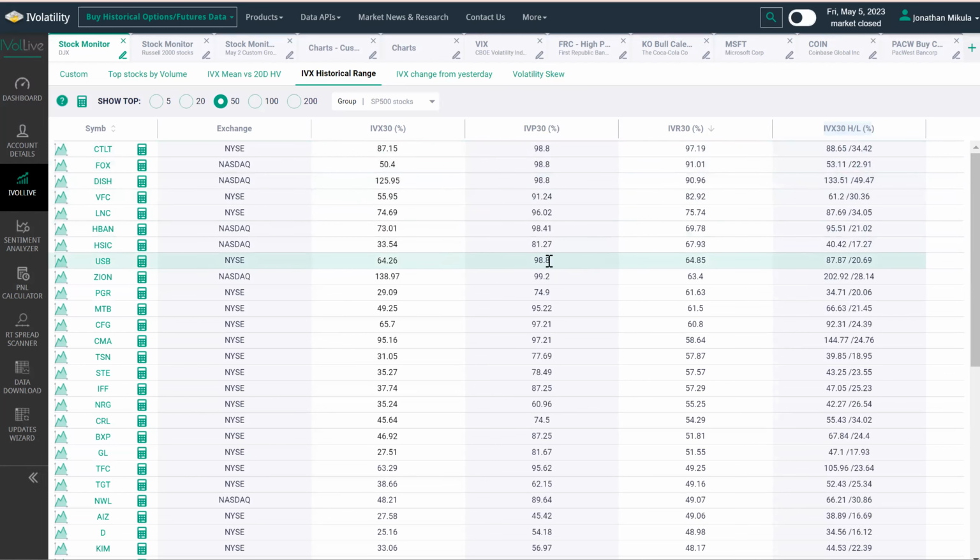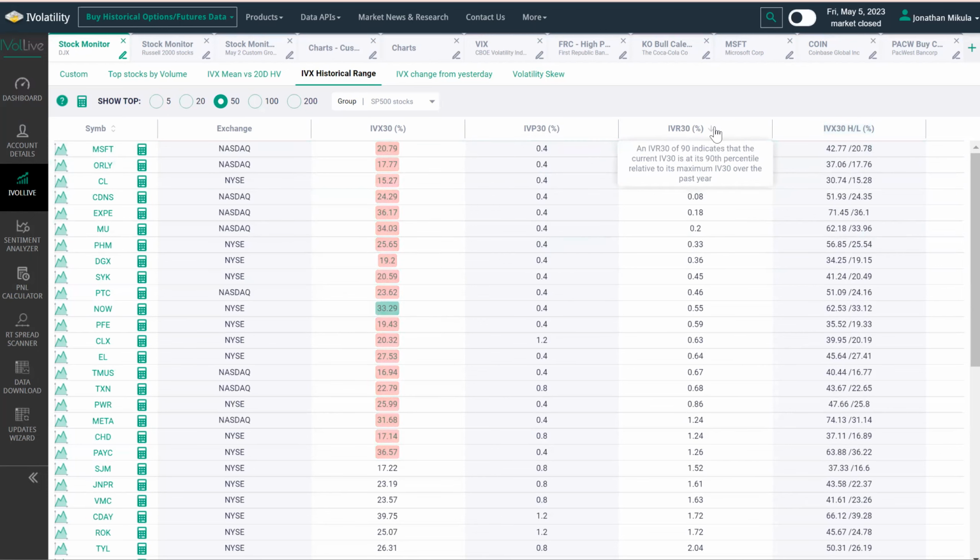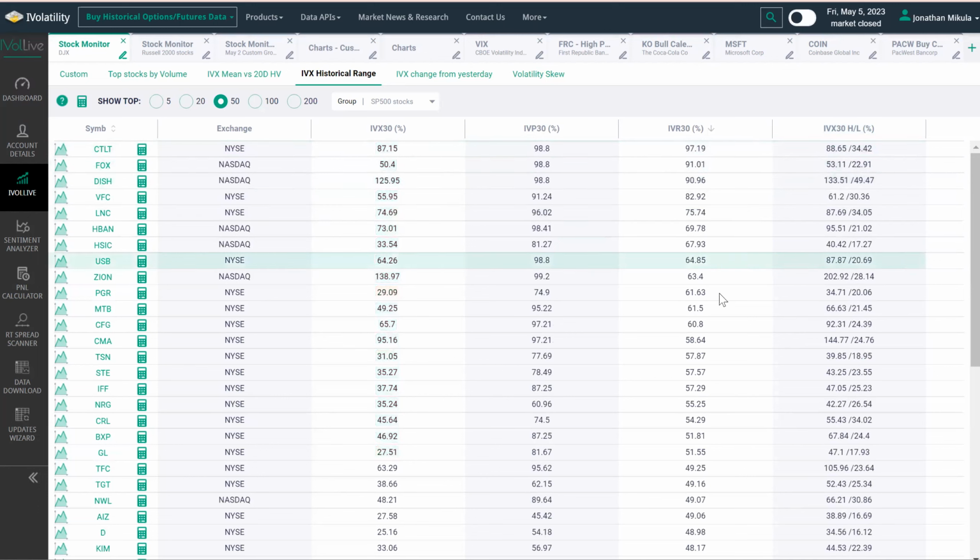And I like to use 80 as my dividing line, so you could sort here, anything above 80 is something I'm interested in. So we have 1, 2, 3, 4, there's 4 names within the Dow that I might dig deeper into. So let me jot down one of these, which is Dish, and we'll add that to our custom group.